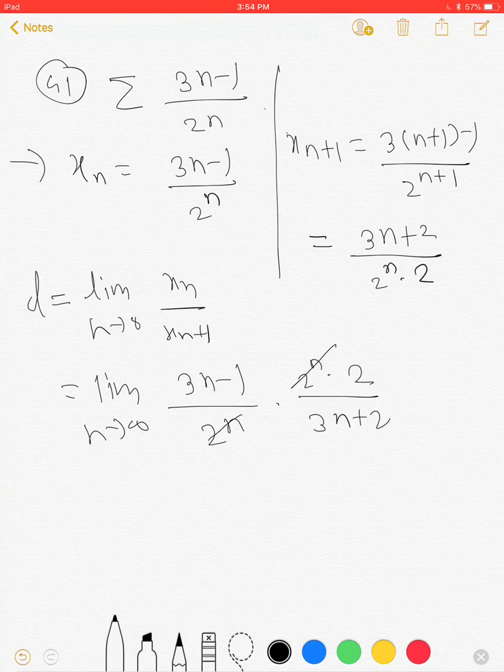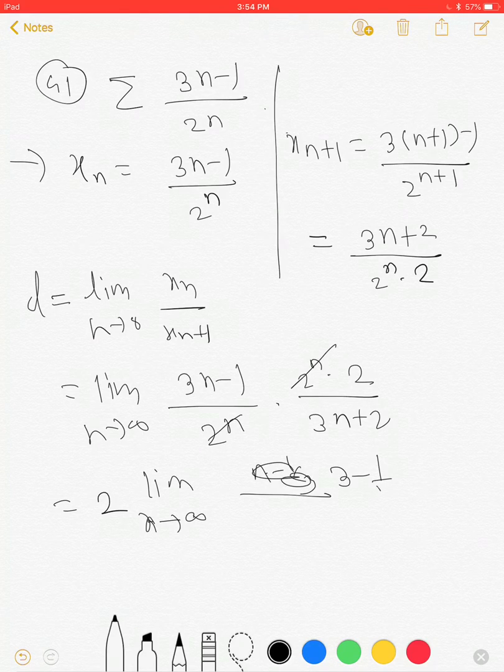So 2 raised to the n cancels. 2 is constant, so we can take it outside the limit. So the limit becomes 2 into the limit as n tends to infinity of 3 minus 1 by n upon 3 plus 2 by n.